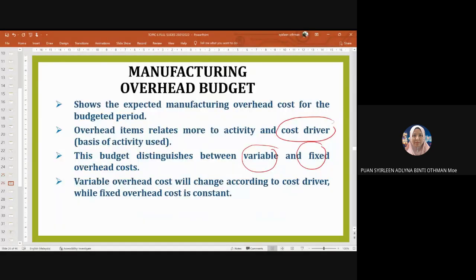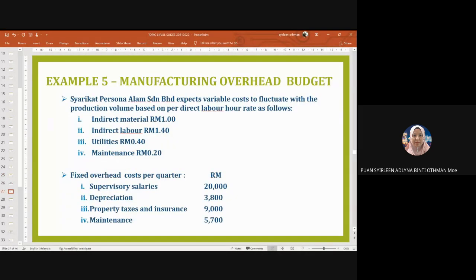Okay, so ini soalan. Dia kata syarikat expects variable cost to fluctuate. Fluctuate tu maksudnya dia berubah-ubah, right? With the production volume, based on direct labor hour rate.